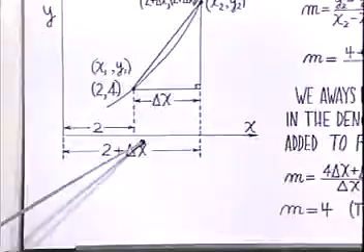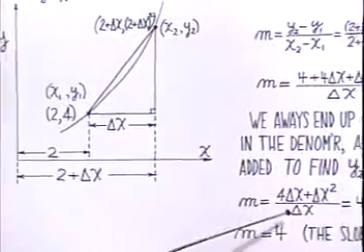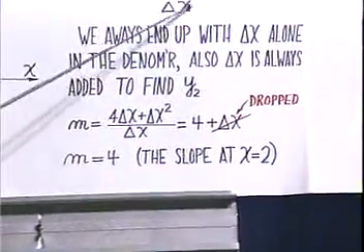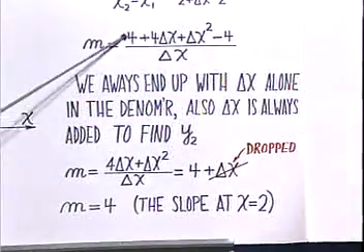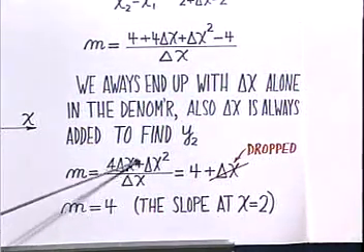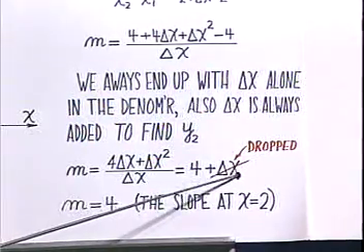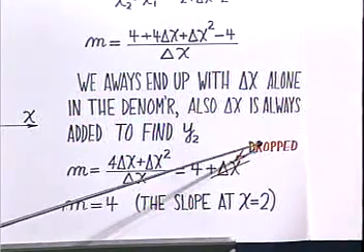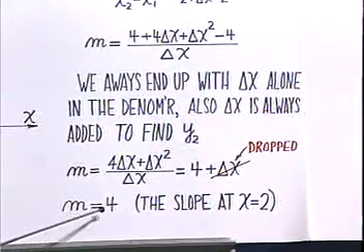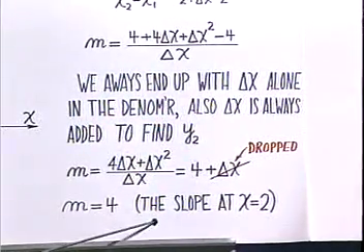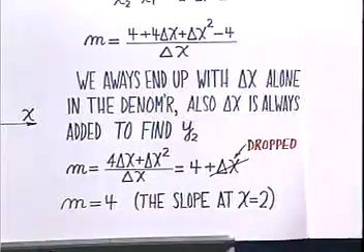See, delta x is added to find y2, okay? Now, to evaluate this here, we come down to here. This is the same thing here. And we get 4 plus delta x. We drop this out as we did before. So m is equal to 4, the slope at x equal 2. Okay?